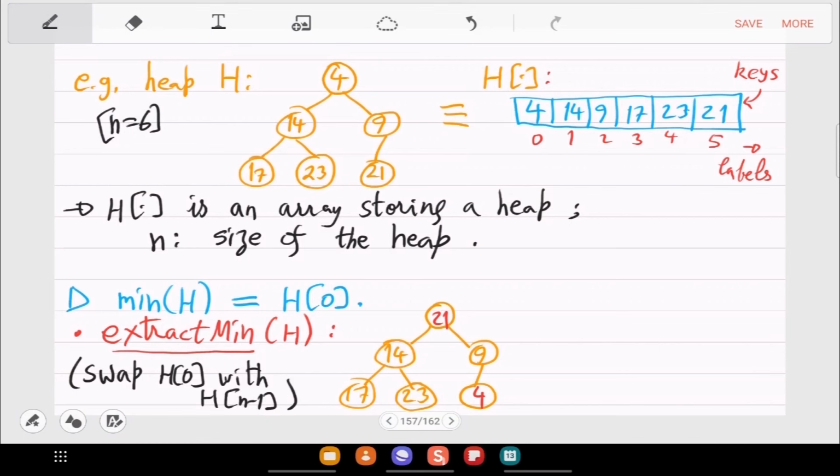Okay, this will be helpful for some reason. At least in the array, it is easy to do. In constant time, you just swap first with the last, because now you can delete the last. So you swap h0 with h n minus 1, so 21 is replaced by 4, and 21 goes above, and then you delete.